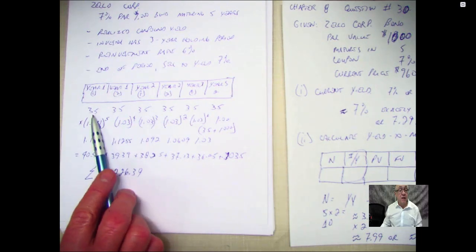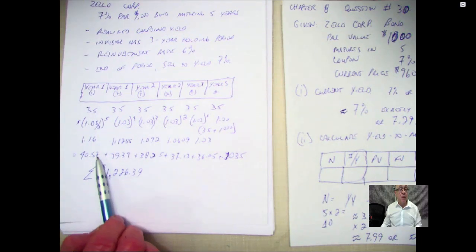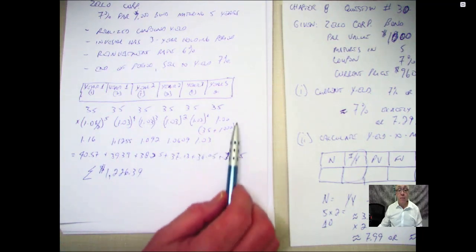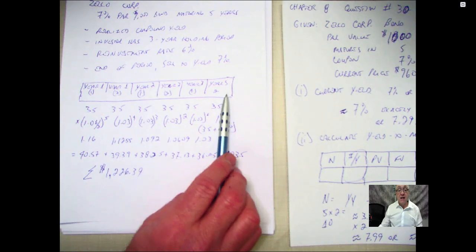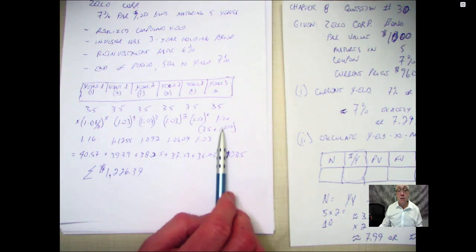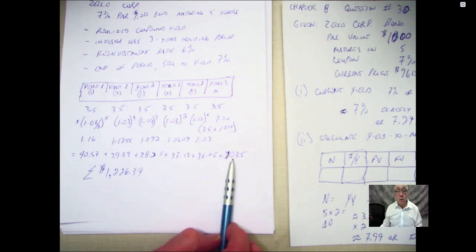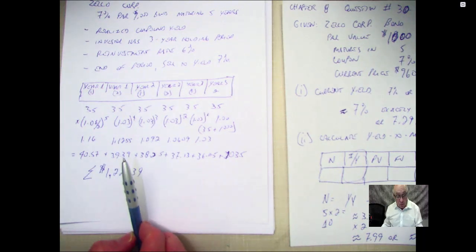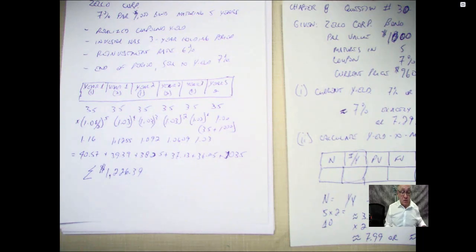Each payment that we receive over time, we hold to compound to its future value. At the end of our 3 years, we receive a $35 payment and $1,000 for selling the bond, so our future value is $1,035 in 3 years, and the summation of all of this is $1,226.39.